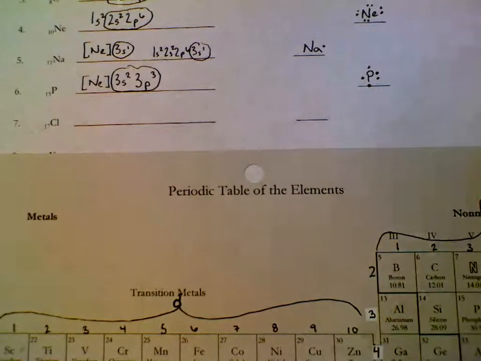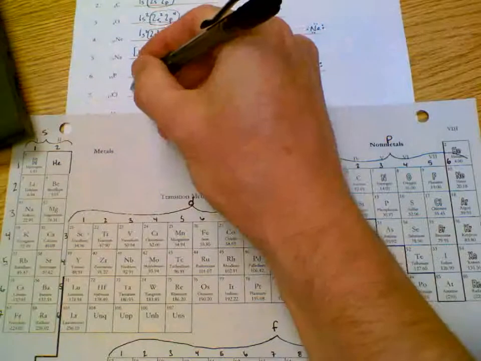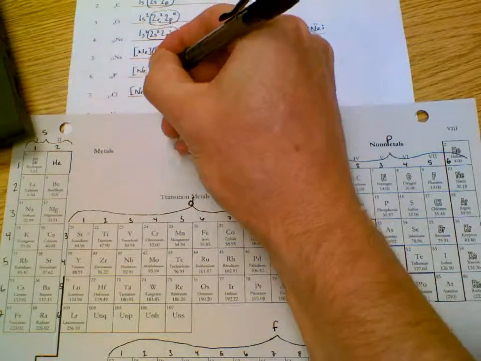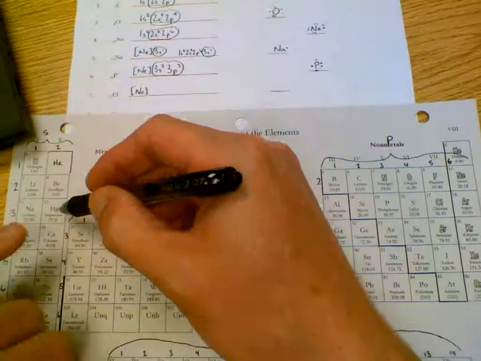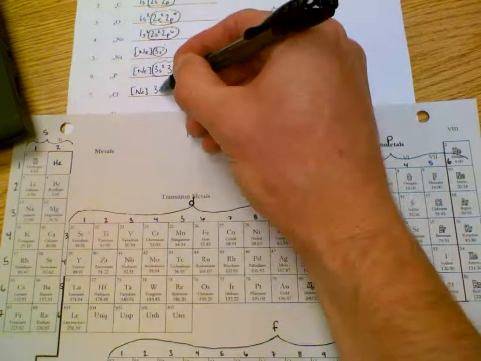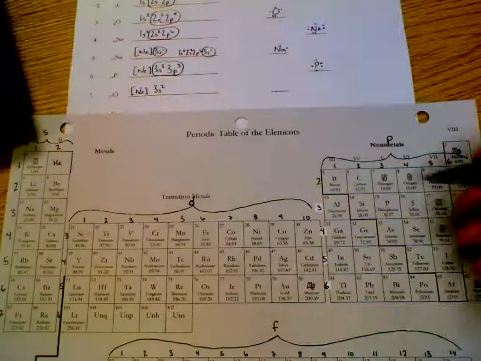Chlorine, we would go up a row, choose neon again, so bracket, neon, back and to the left, 3s2, that's magnesium square, cross the road, 3p, 1, 2, 3, 4, 5.